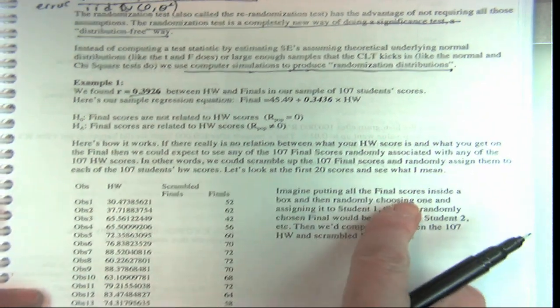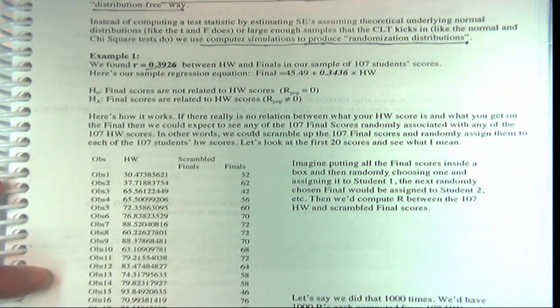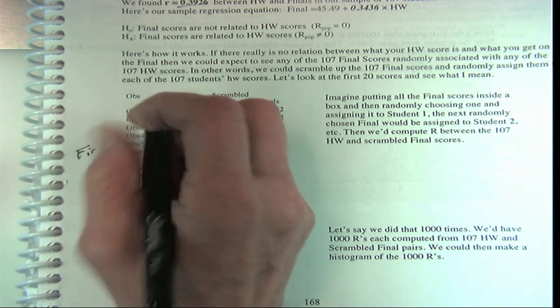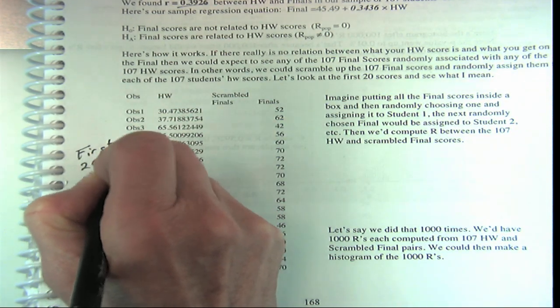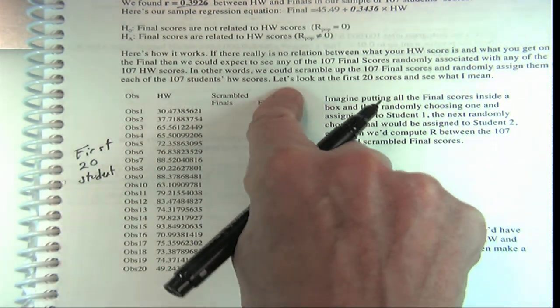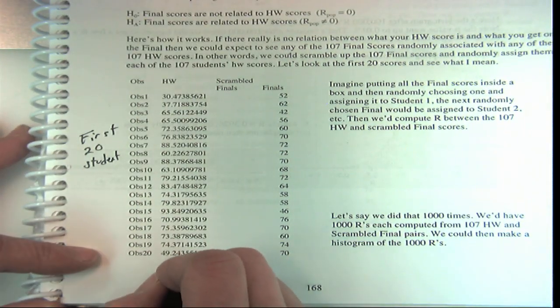So we have 107 students, but I'll just show you how it works with the first 20. So these were the first 20 students, their actual homework scores. I copied it from the roster. And these are their actual final scores. So this is the way they're actually paired up.